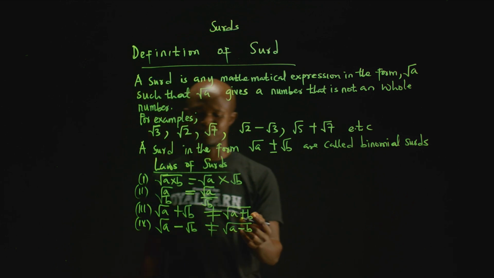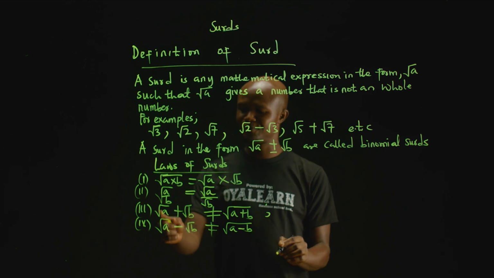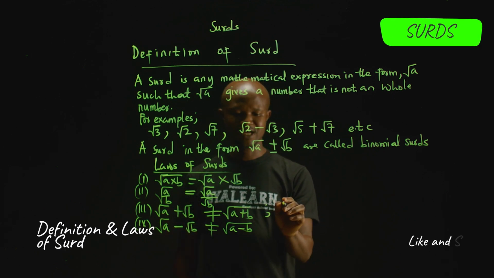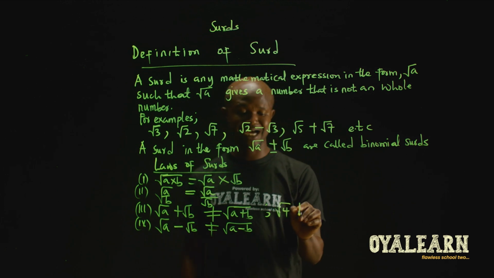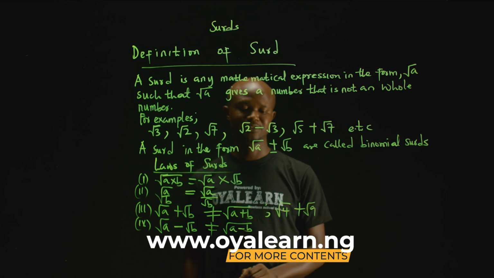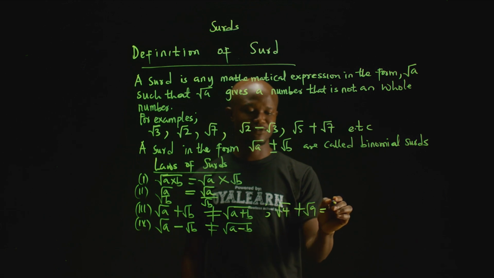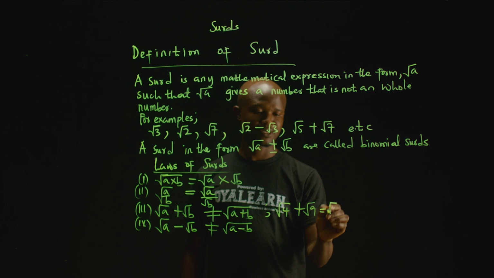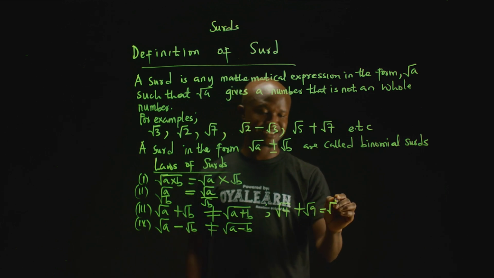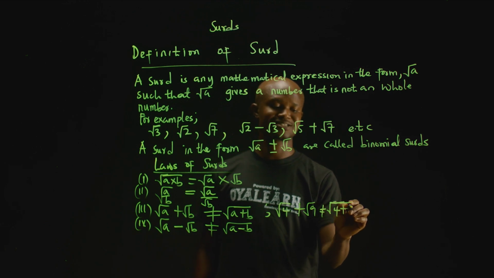You can take examples to clarify this. Let's say I have a equal to 4, square root of 4, and b equal to 9, square root of 9. This is my left hand side: square root of 4 plus square root of 9. At the right hand side, I now have square root of 4 plus 9.